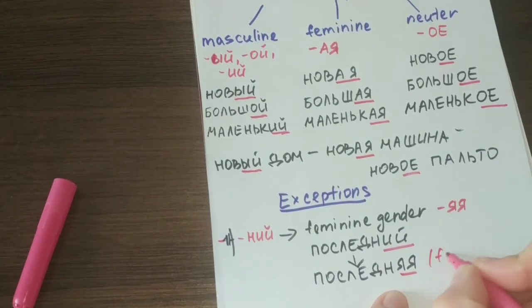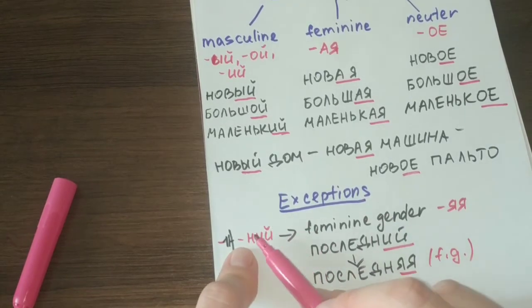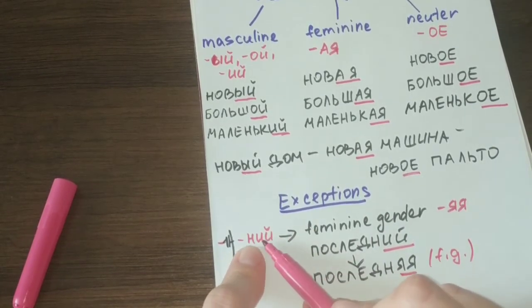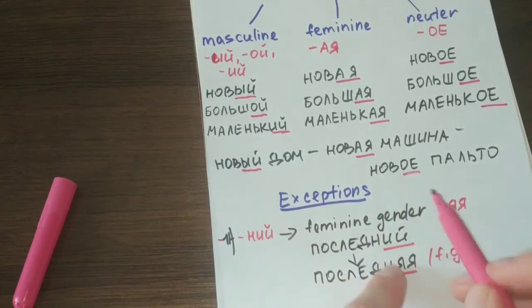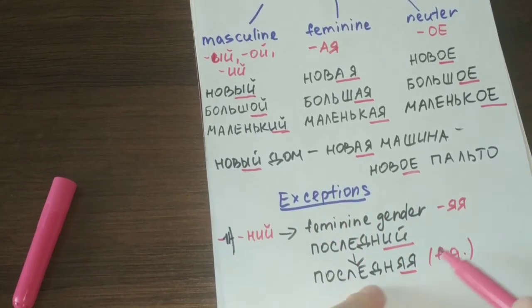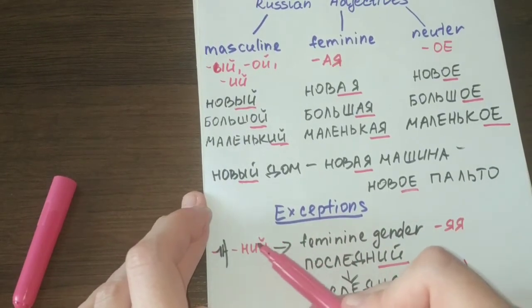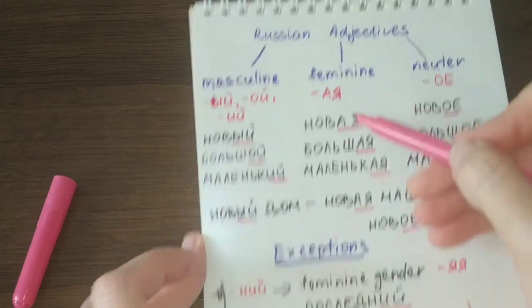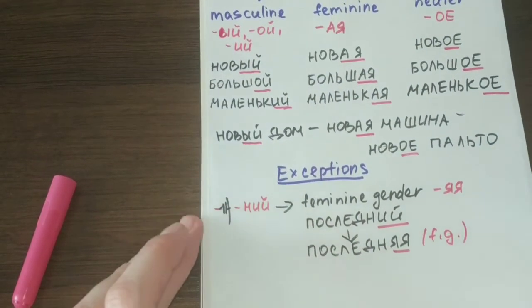So it is a feminine gender. When you see a masculine gender adjective ending in n plus e, ni, the feminine gender will be transformed into nya. So that is one exception. You are not changing e to aya, you are changing it to ya. So that is the first exception.